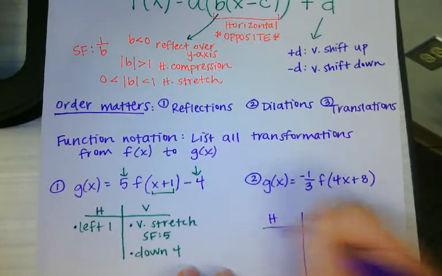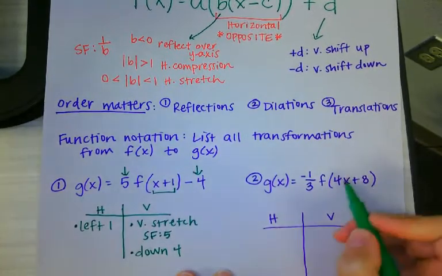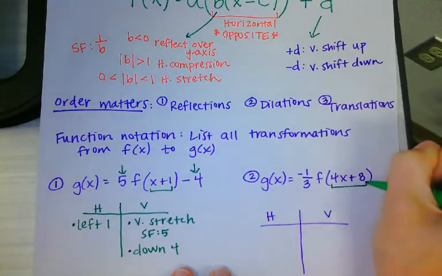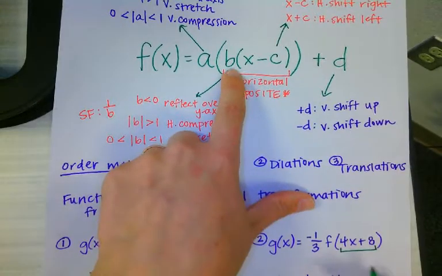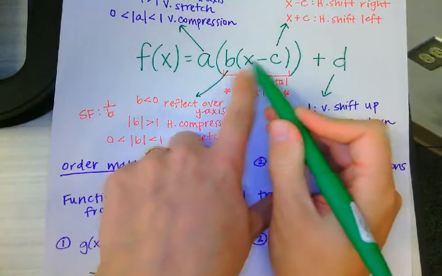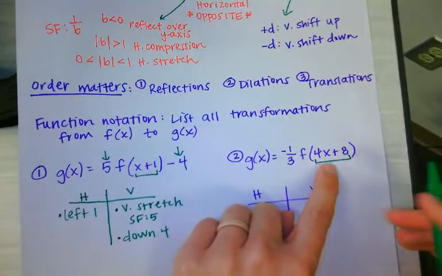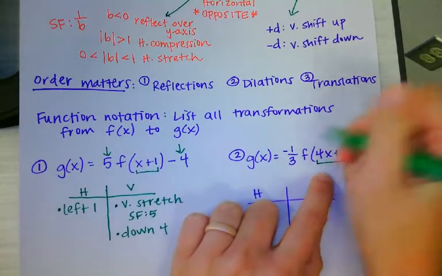We're going to decide what's horizontal and what's vertical. So everything horizontal is going to be with x. Maybe we'll start with that. Notice this looks different than what we put at the top. Here, b is separate from x minus c. So we have to do the same thing if we see a number with x.